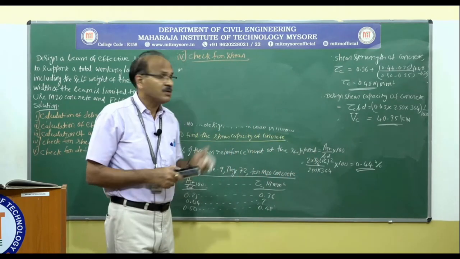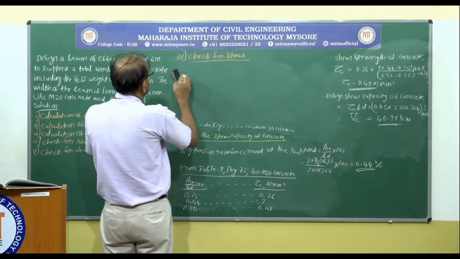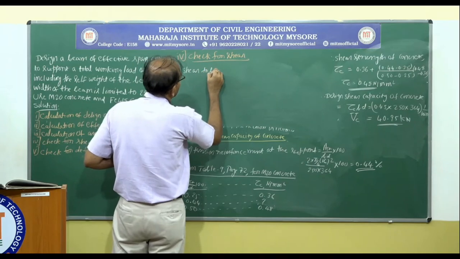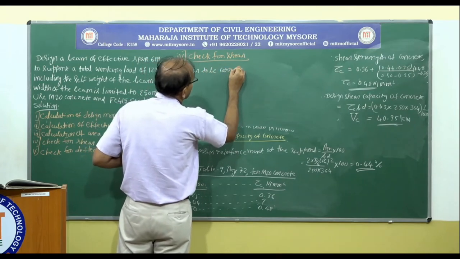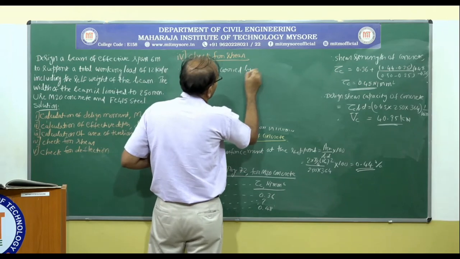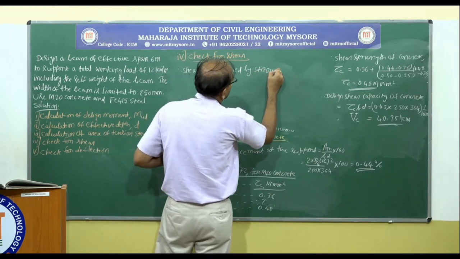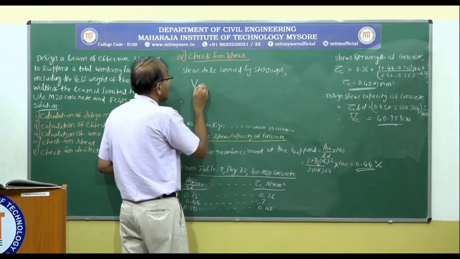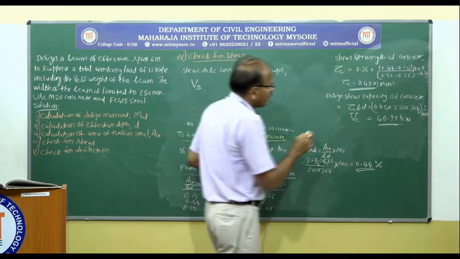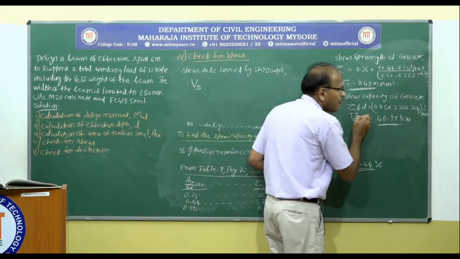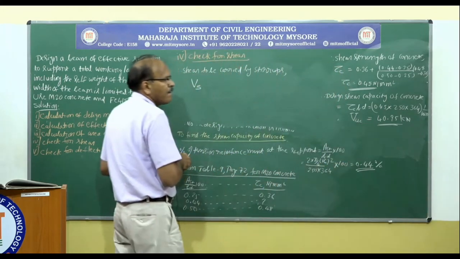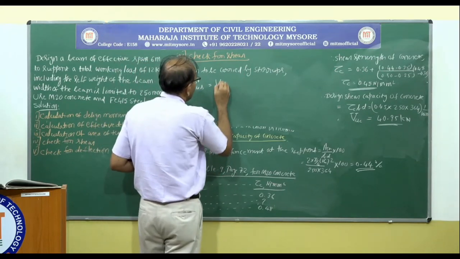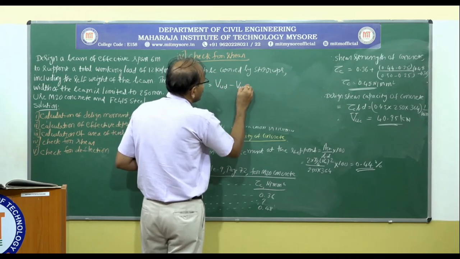Here it is stirrups. Therefore, shear to be carried by stirrups, I am going to call that as VUS, equal to VUD minus VUC.